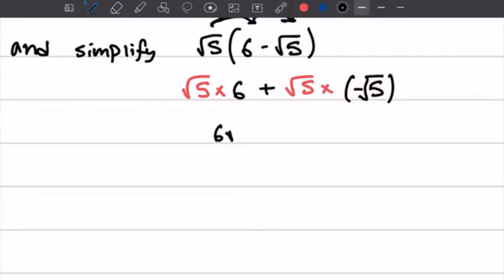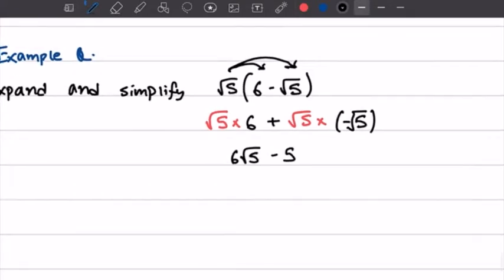Well, that's just 6 root 5. And then you have root 5 times negative root 5. A square root times itself is just a number, in this case negative, so you will have minus 5. That's the answer. You expanded, and we simplified, and you have 6 root 5 minus 5.